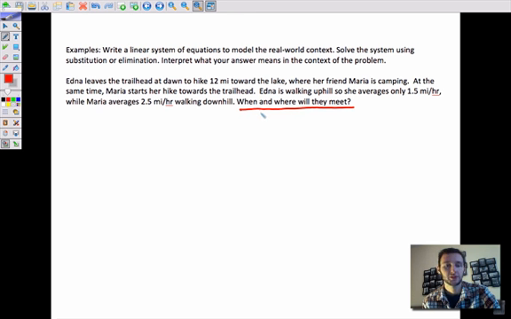That clues us in on what our two variables are going to be for this equation. So we're going to have an x and a y, and we want to define these two variables based on what they're asking.